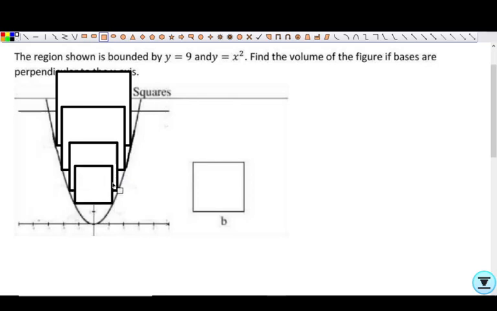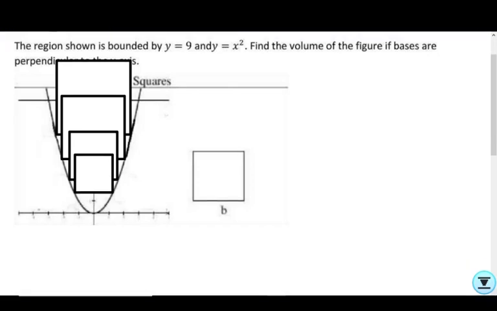And we're creating this kind of three-dimensional volume that's going to look something like this. Okay, and they're going to be coming out of the board. It does actually look a little more 3D when I do it like this than yesterday. So you can kind of see what's going on. Okay, but as soon as you see that the cross sections are perpendicular to the y-axis, you know you're using this equation.